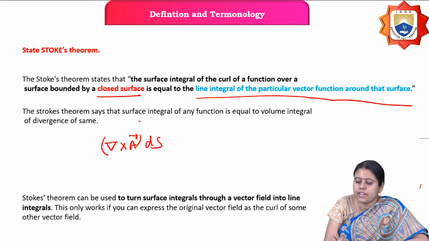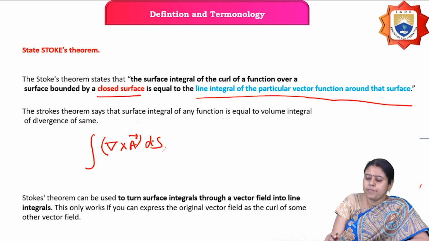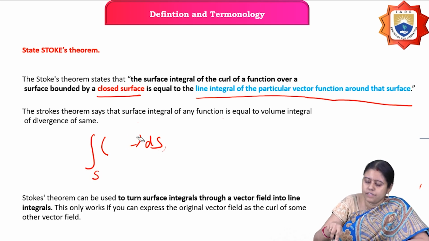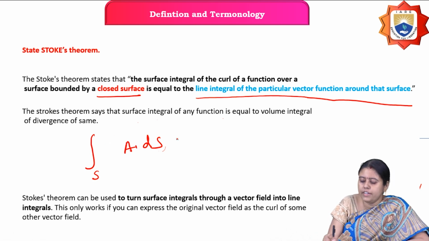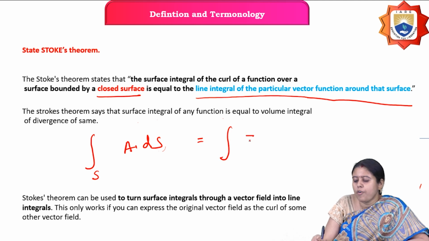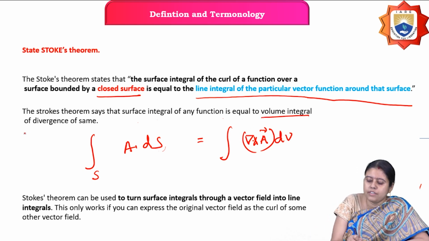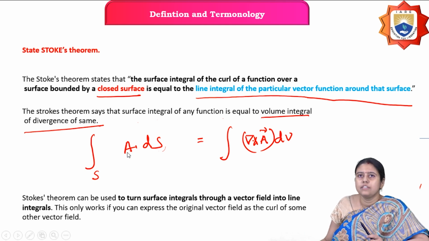The divergence theorem states that the surface integral of any function A dot ds is equal to the volume integral of the divergence of the same function, del dot A dv.